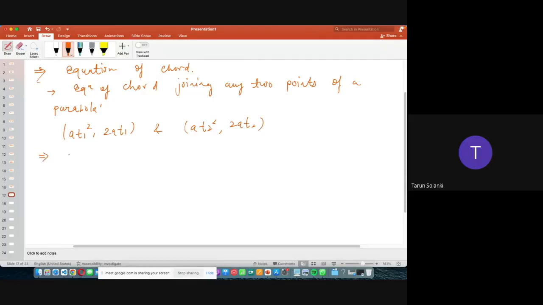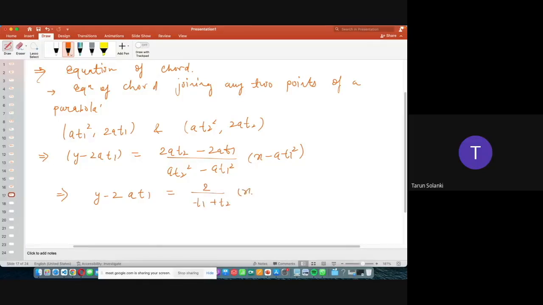So we can write y minus 2a t1 is equal to (2a t2 minus 2a t1) by (a t2 square minus a t1 square) into (x minus a t1 square). So that becomes y minus 2a t1 is 2 by (t1 plus t2) into (x minus a t1 square).